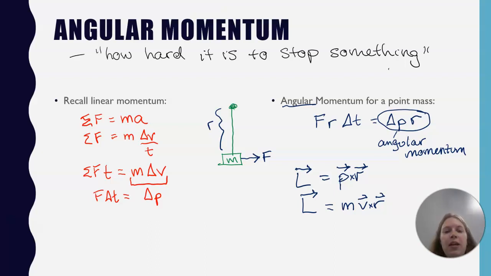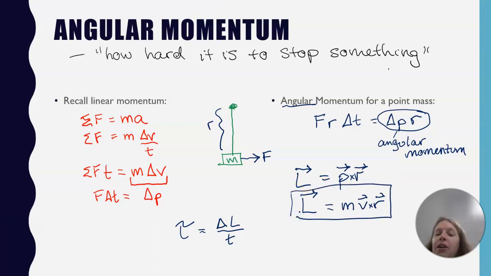So in the same way, we can look at the idea that if a net force causes a change in my linear momentum, a net torque is going to cause a change in my angular momentum with respect to time. So we have our angular momentum for a point mass. That's actually not on the AP Physics 1 reference table, but it's pretty analogous to our torque equation.